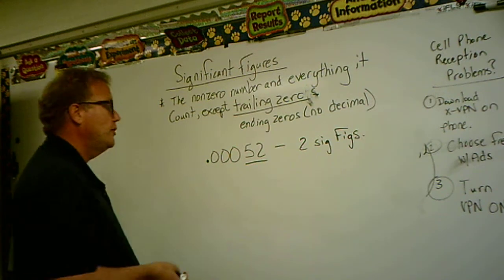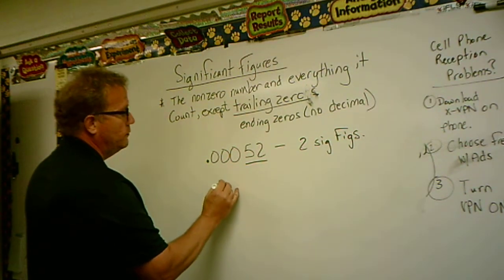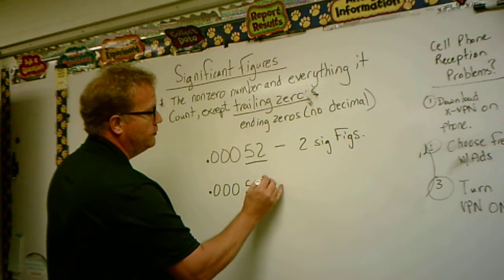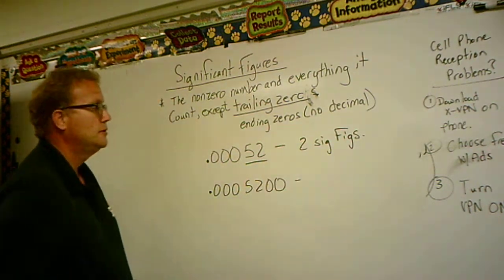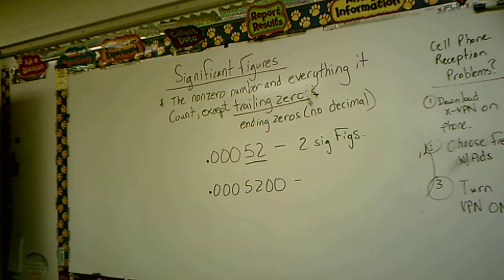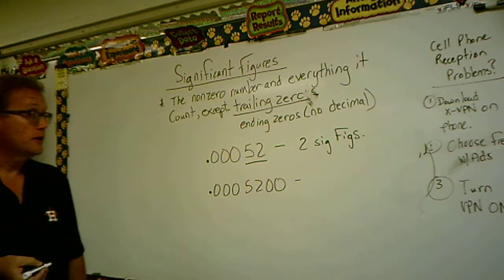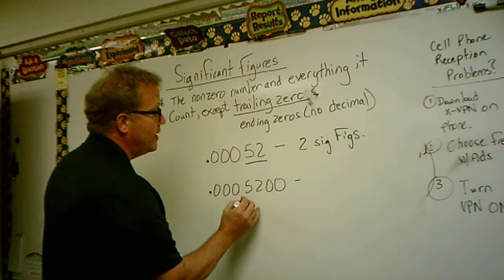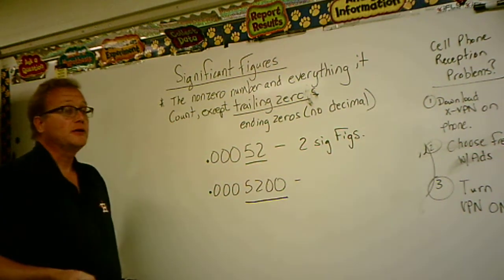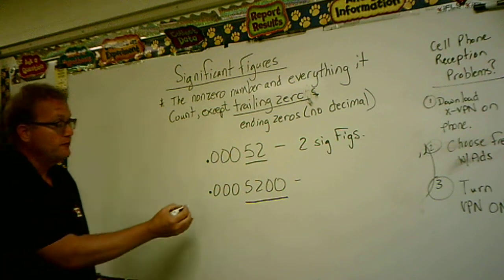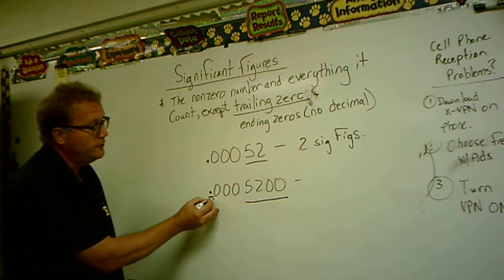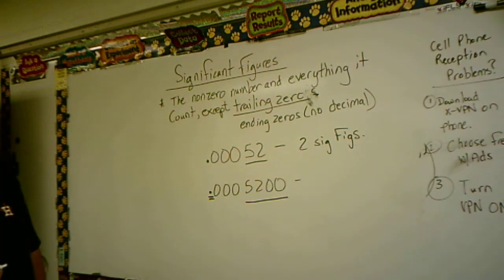Well, let's say I change this out. Go 0.0005200. Well, it's the same rule. I can't start counting until I hit the 5, and I have to count all those numbers after it because of this decimal point. So those are not trailing zeros after the 5, 2.